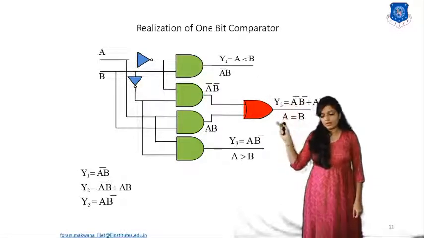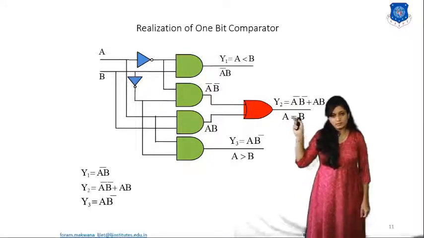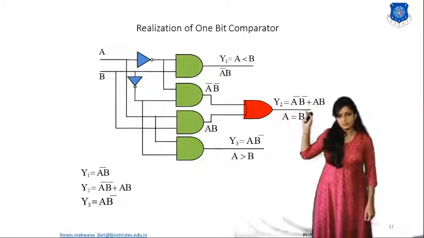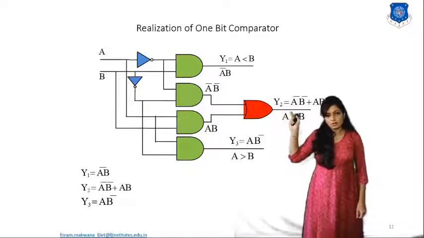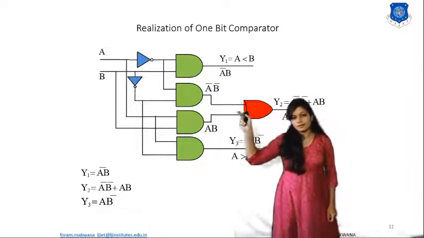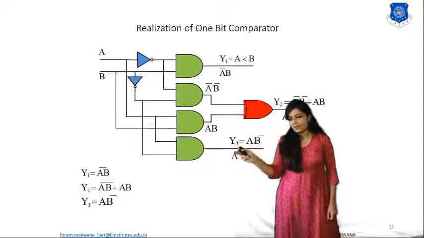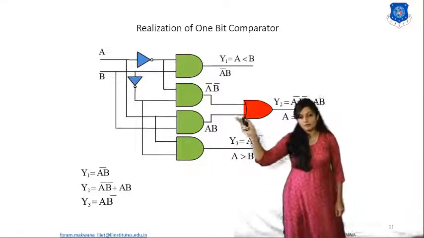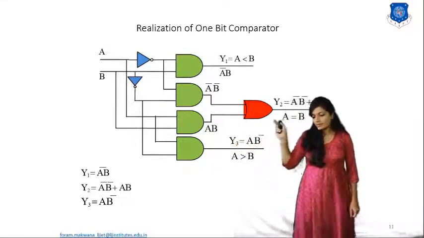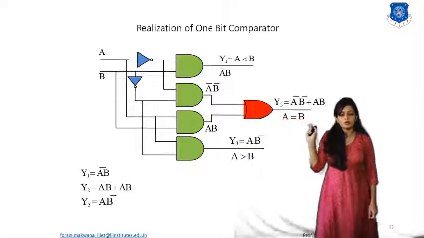You can also directly use the XNOR gate, but we can also use a combination of AND and OR, like A dash B dash and AB with the help of AND gates, and the resultant is applied to the OR gate.